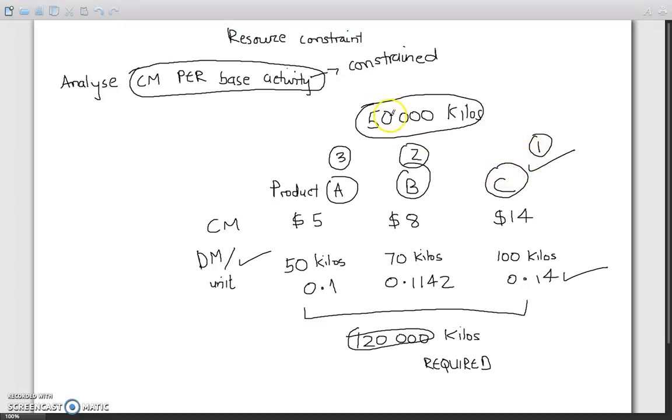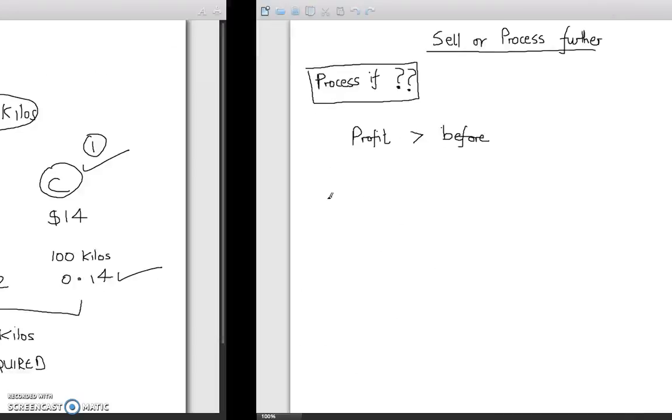After that, if any kilos are left over, you're going to produce all the units that you can for product B. And then even after that, if some kilos are left, you're going to produce whatever you can for product A, which is your last priority. All right, so that is how you handle a resource constraint question.